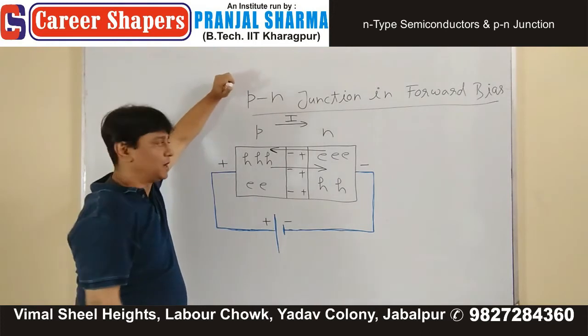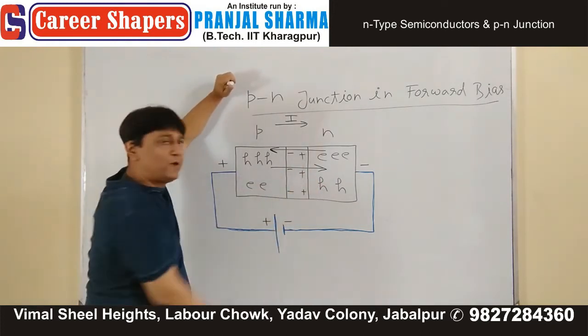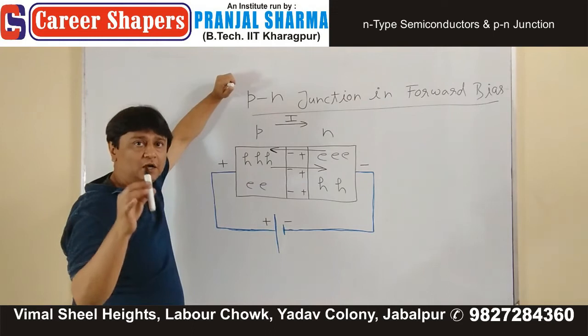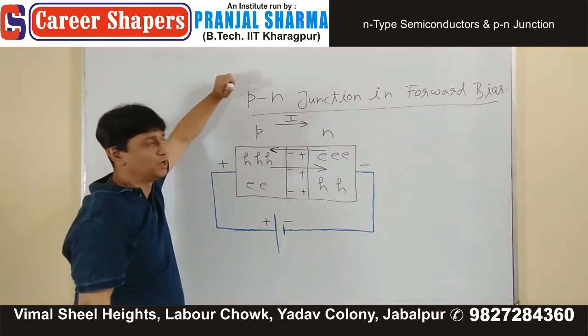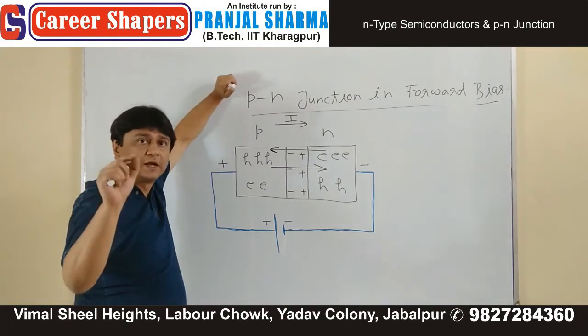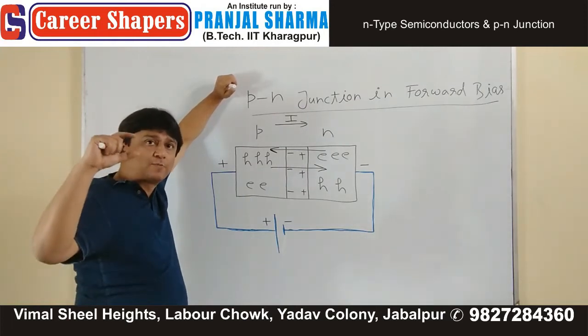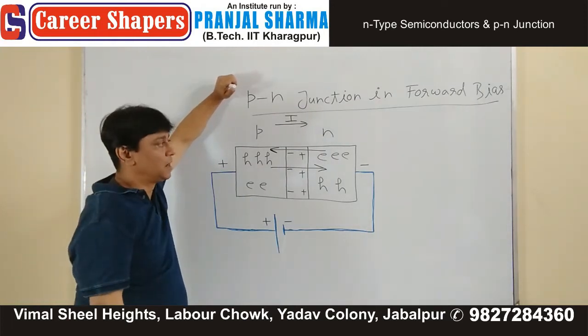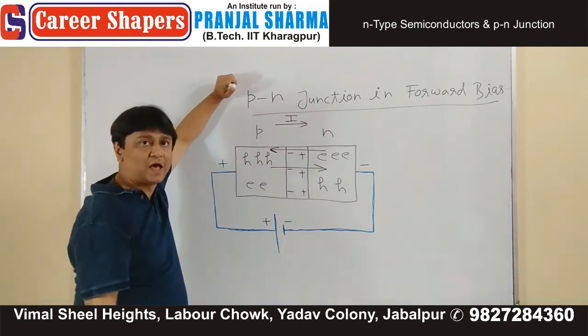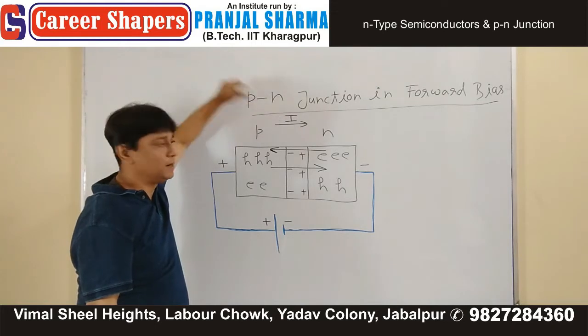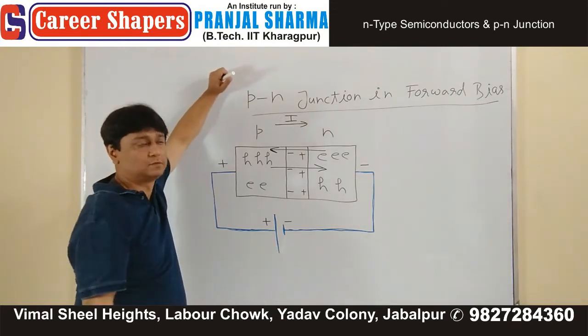This electric current or this movement of holes decreases width of depletion layer. It decreases that potential barrier, and because of that decrease in potential barrier, your current increases.